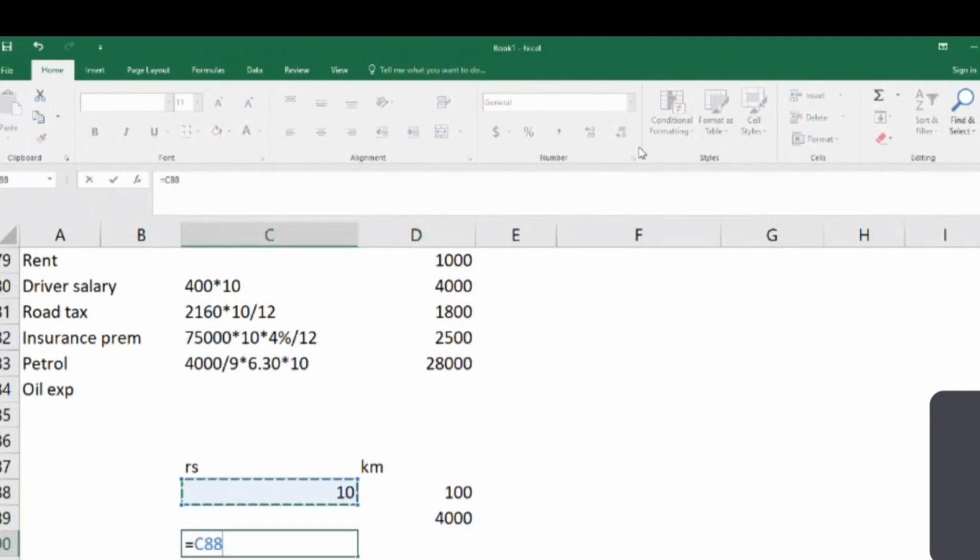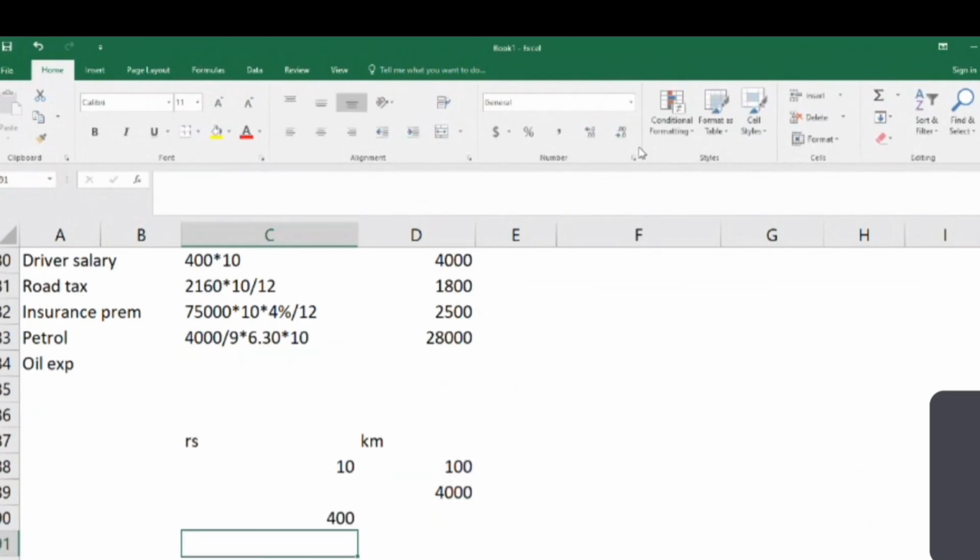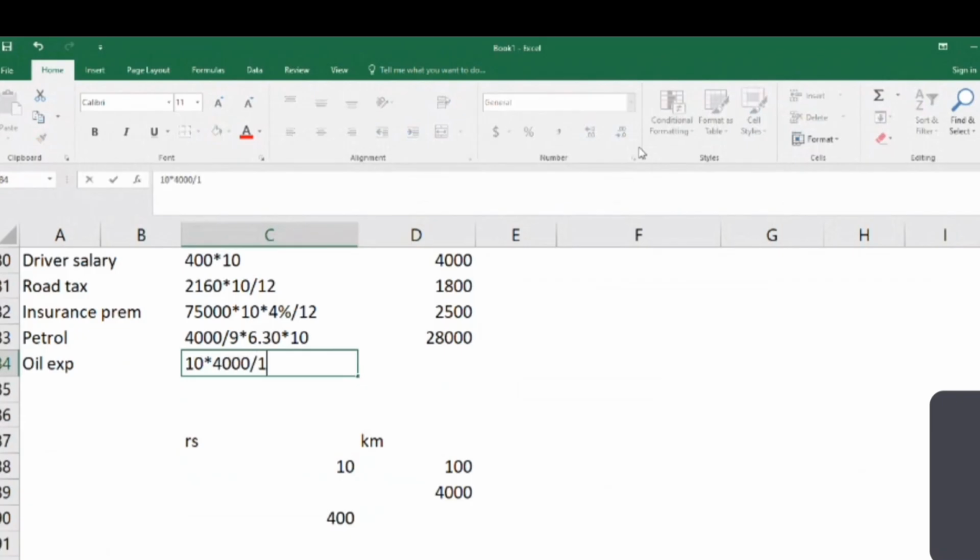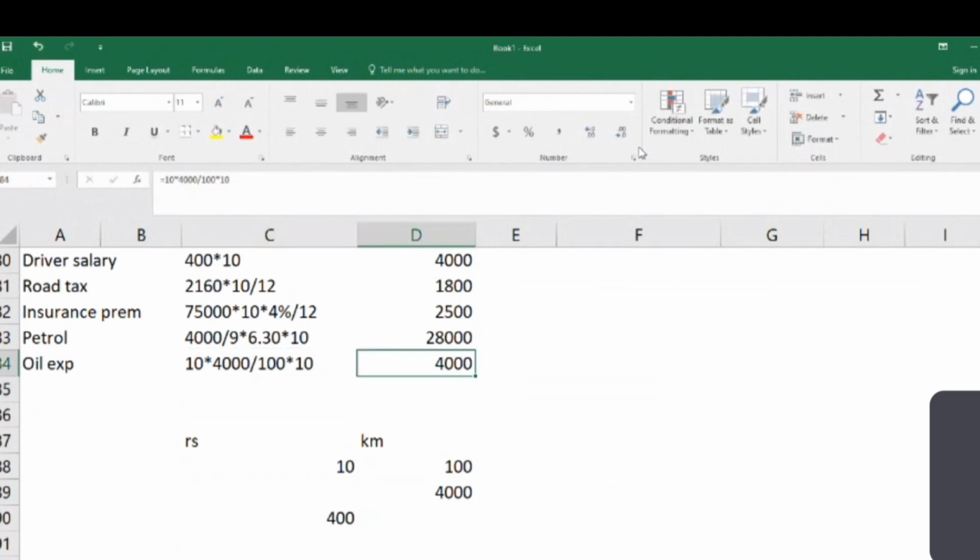So your cost is 10 into 4,000 divided by 100, into the number of taxis, which is 10. So what will be your cost? Cost of oil expenses is 4,000.